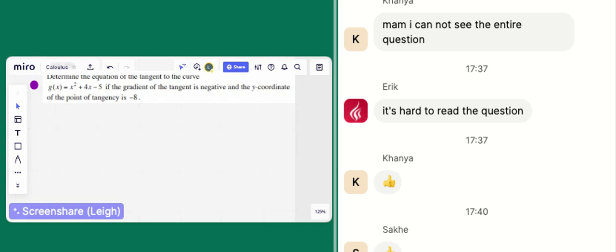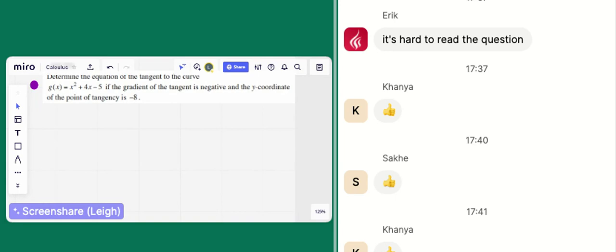In the meantime, if you manage to get that other question down, Sake, I don't know if you remember which one I was talking about. It was that sort of difficult differentiation question. You're welcome to work on that in the meantime. Good, Kanya, thumbs up from you.